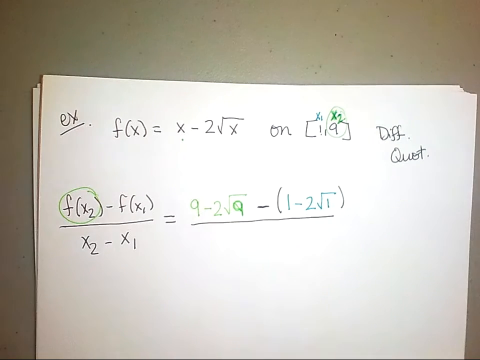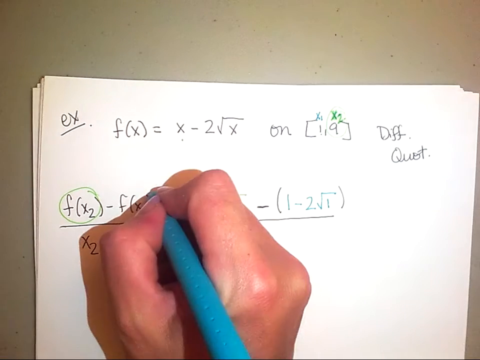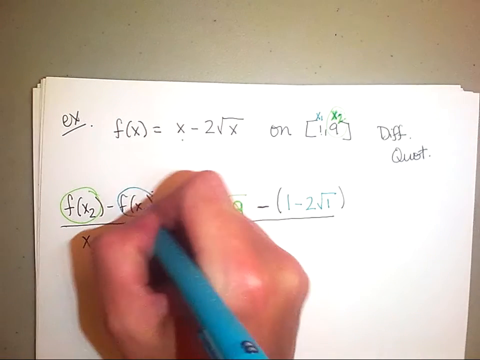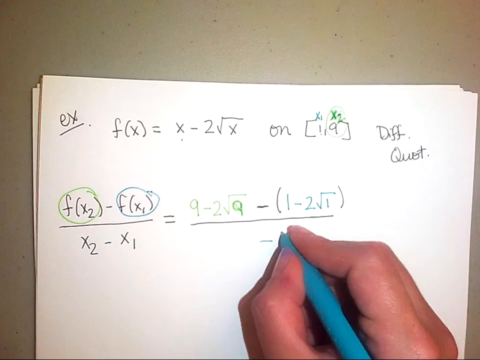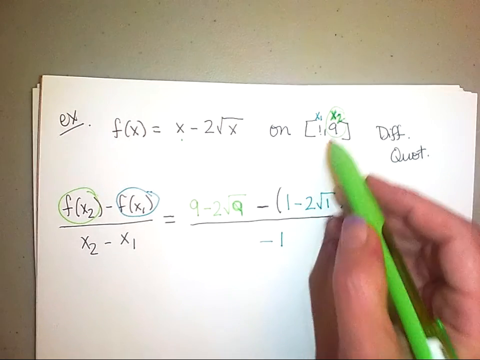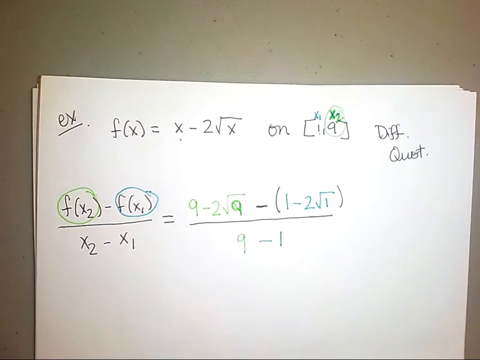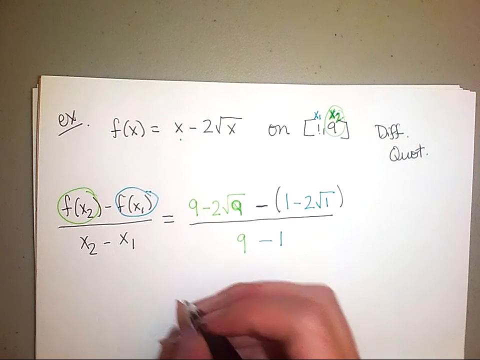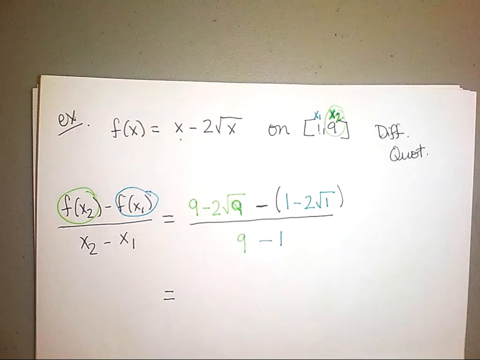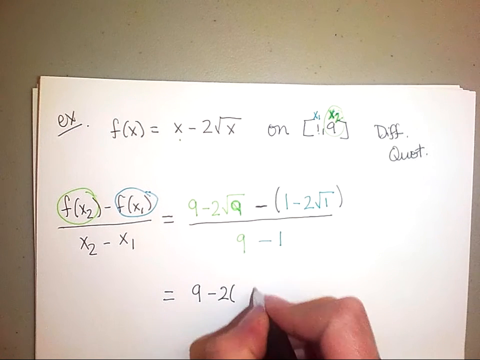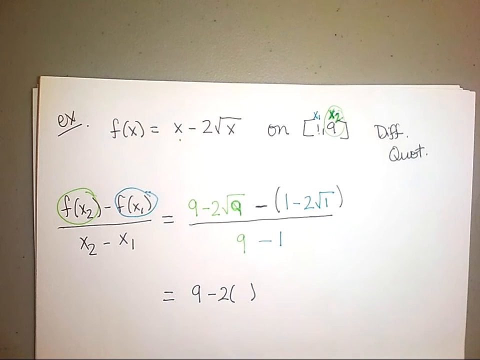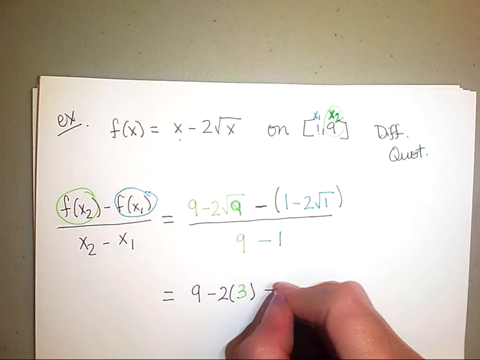Now we're going to subtract off the function evaluated at 1, but remember this has got multiple terms, so we're going to open up the parentheses. And so this becomes 1 minus 2 times the square root of 1. So this is f of x1, sorry. And let's see, so we're subtracting x1, x2 is 9.